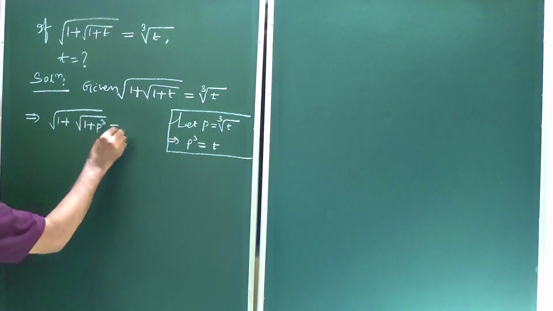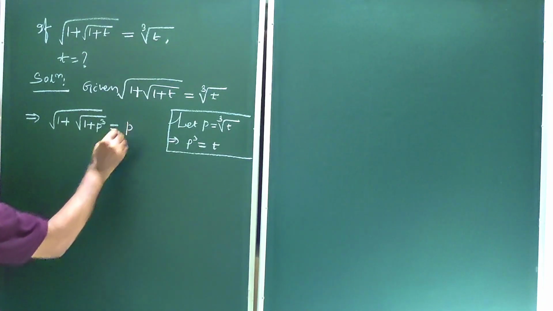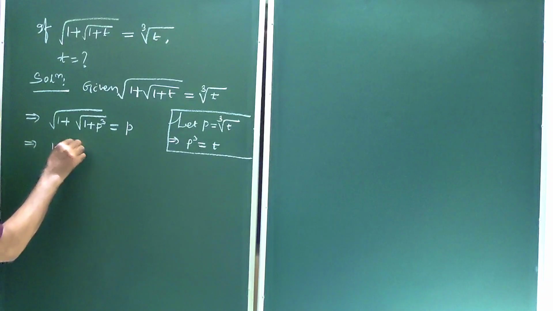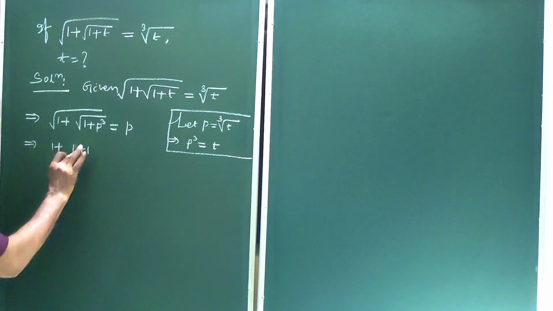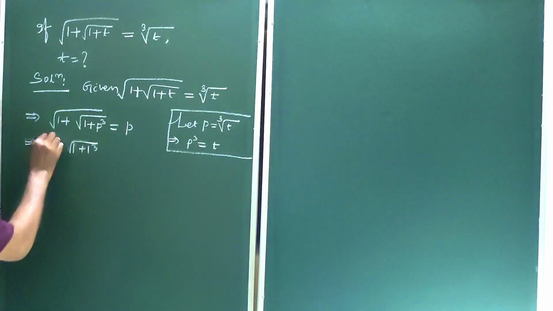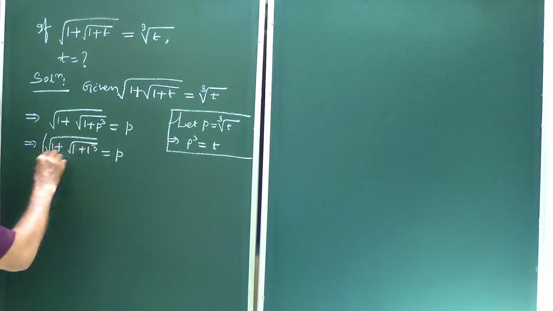Whole root is equal to p. This implies √(1 + p³) is equal to p.